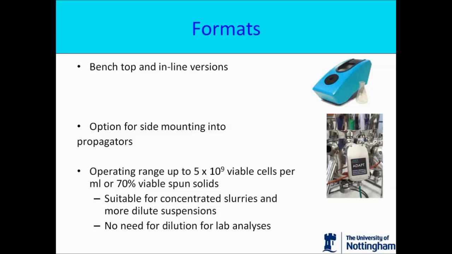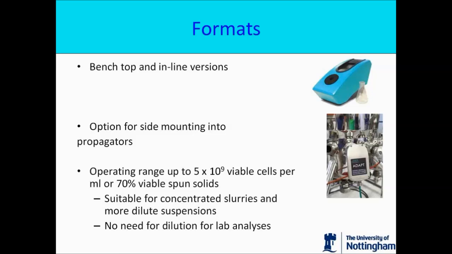So for example, you've got an option for mounting one of these probes into a yeast propagator, and you can look at the way that the yeast grows and the concentration of that yeast within such a growth vessel. It has a very wide range of operation, certainly up to 5 × 10⁹ viable cells per mil, which is equivalent to something like 70% viable spun solids.